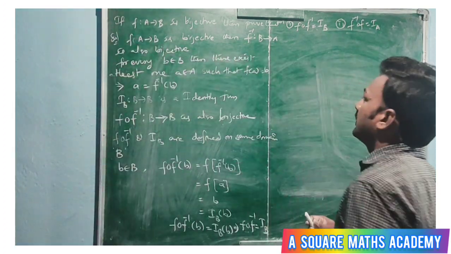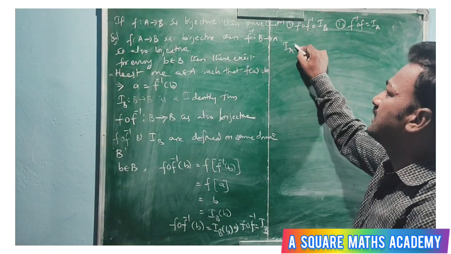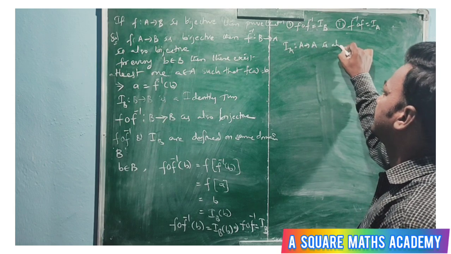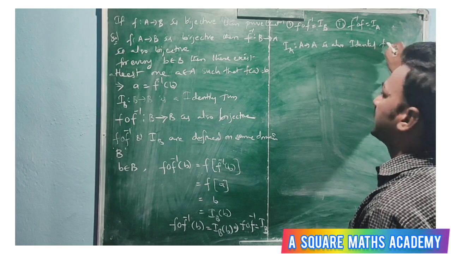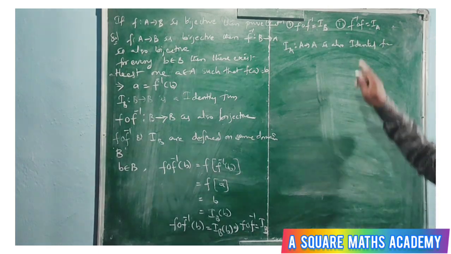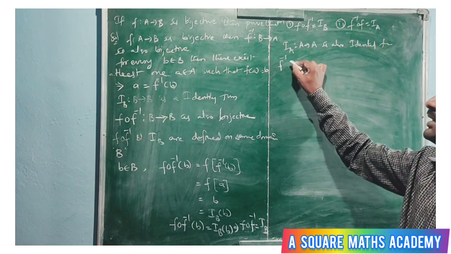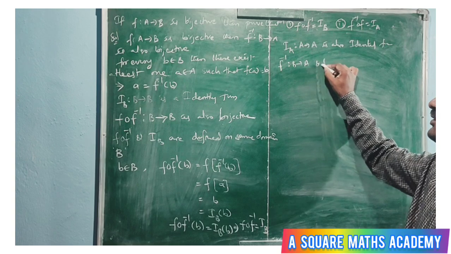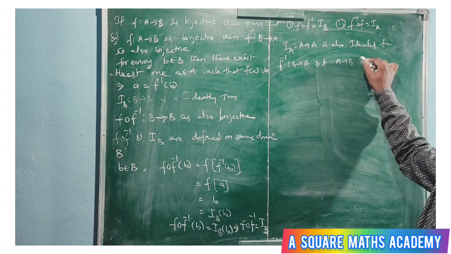In the second one also, if we observe, IA is mapping from A to A is also identity function. Okay, so then after what we prove, f inverse is mapping from B to A and f is mapping from A to B, bijective.